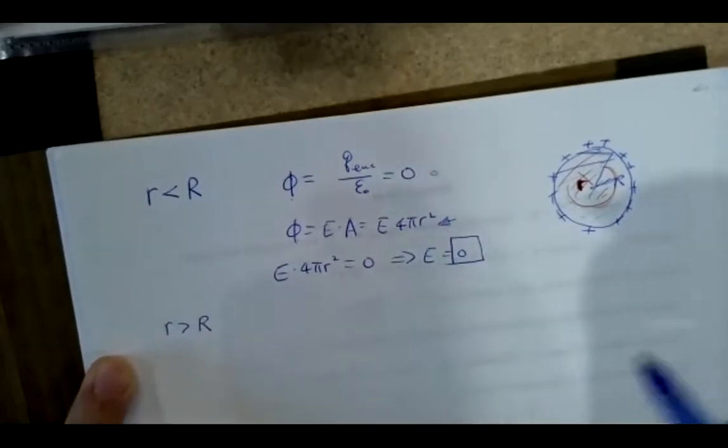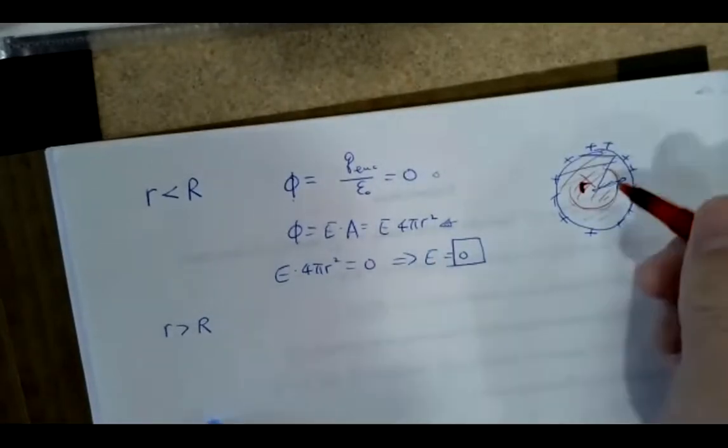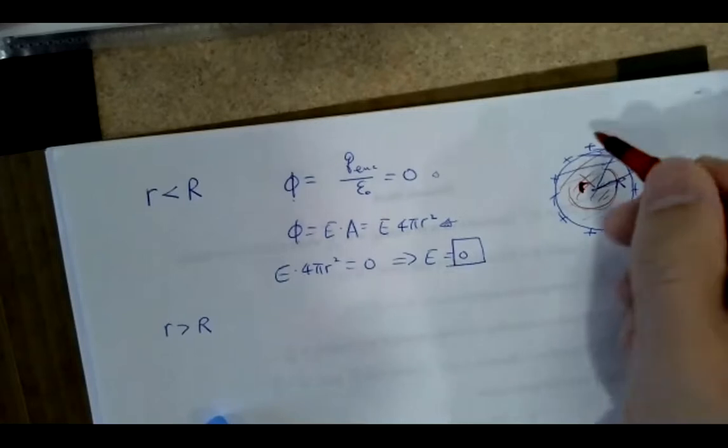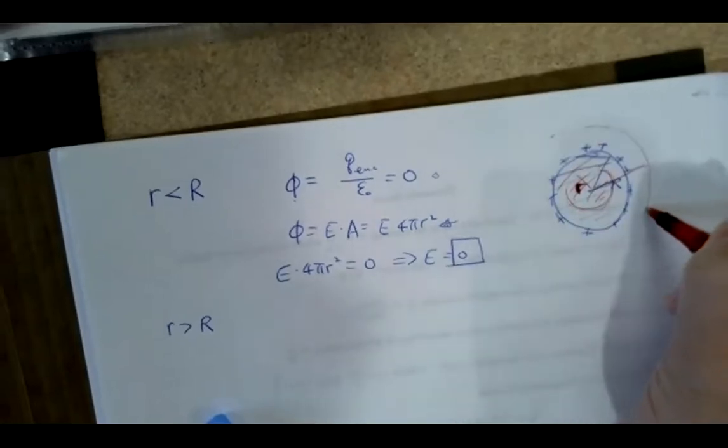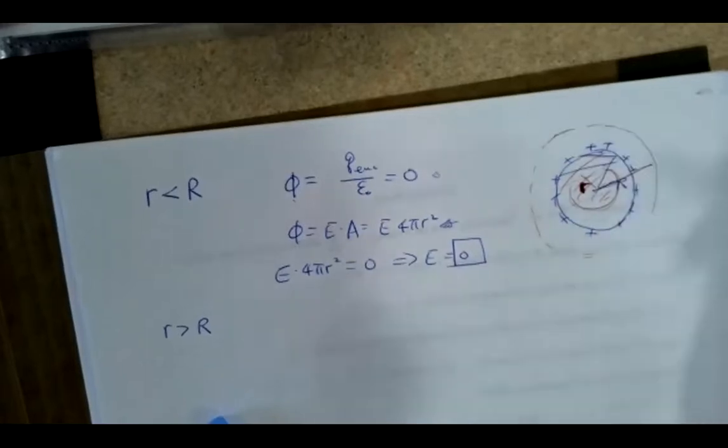for small r greater than capital R, so you are somewhere here, you can draw a Gaussian surface, a spherical surface that encloses the whole shell inside it.